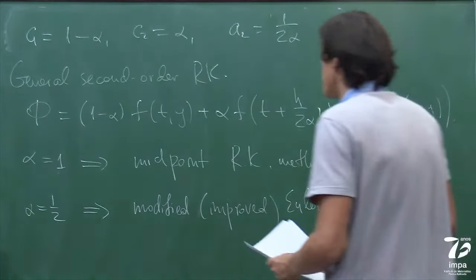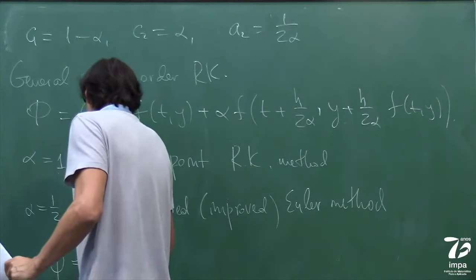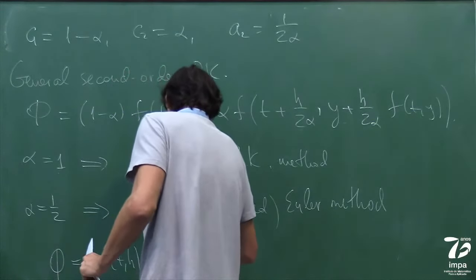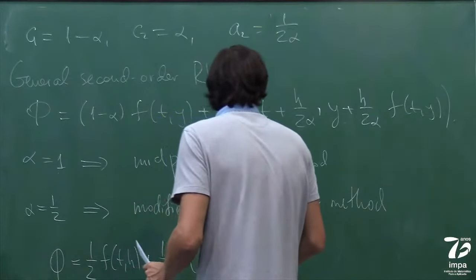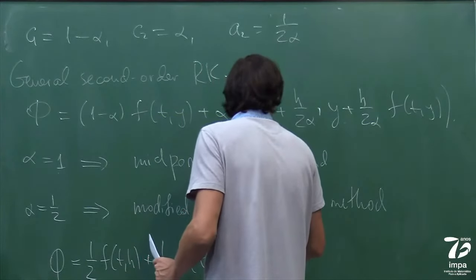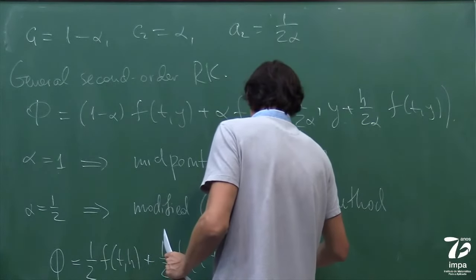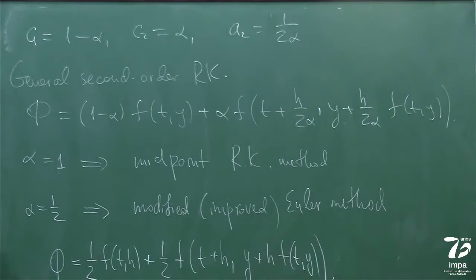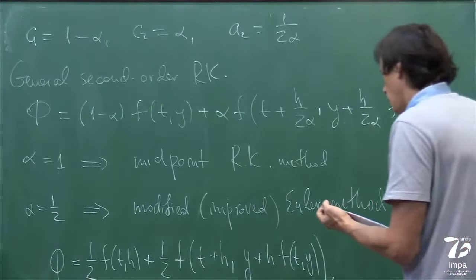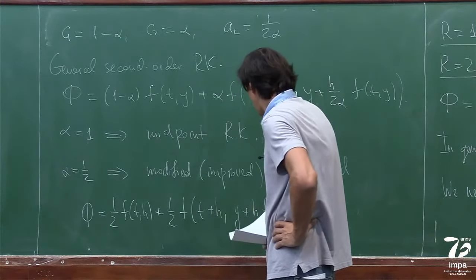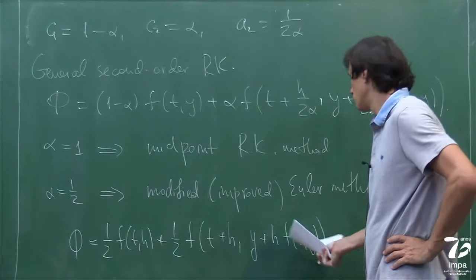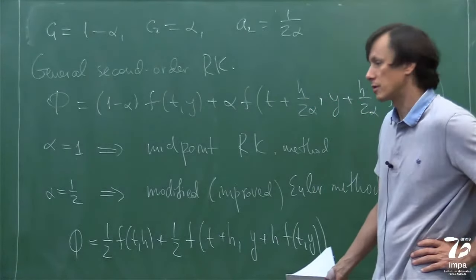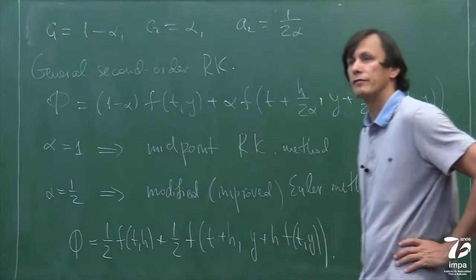Let's write it explicitly. So what the expression means is that you take Euler approximation and then compute the function not only in the beginning but also at the end point of the Euler approximation, and then take the average between the two.